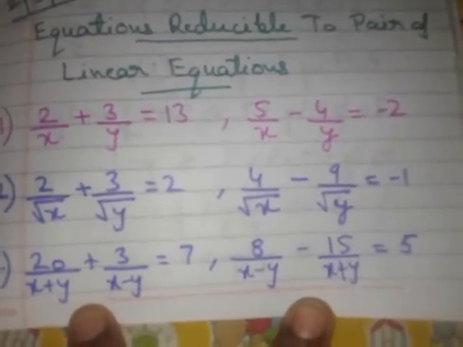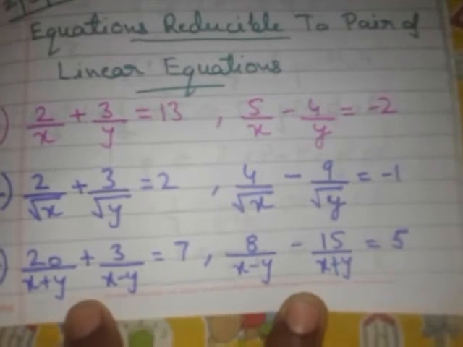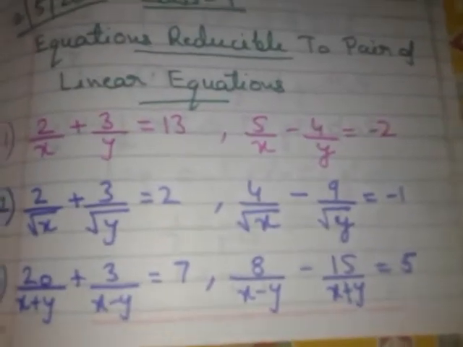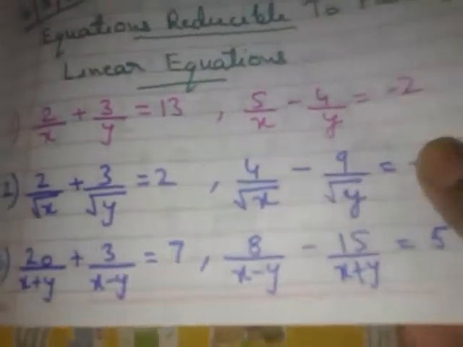The first step is to reduce it to a pair of linear equations. Let us see how. I have taken the third example: 20 upon x plus y plus 3 upon x minus y is equal to 7, and 8 upon x minus y minus 15 upon x plus y is equal to 5.